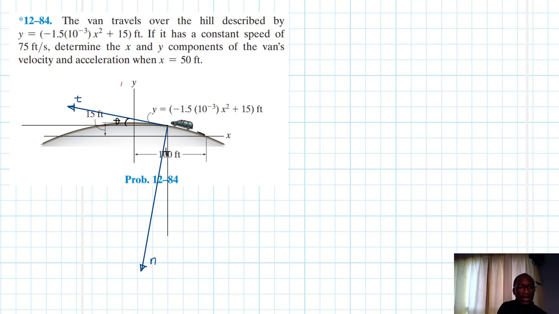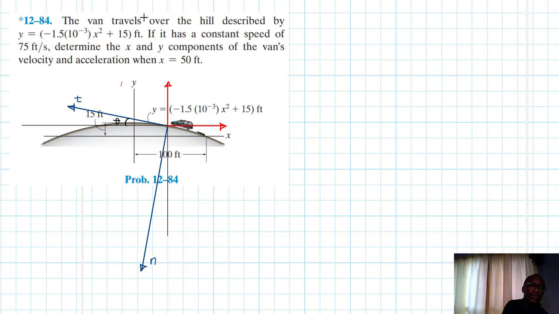We are being asked, mind you, to find x and y components. So our y is in that direction, like so, and our x is in that direction, like so.